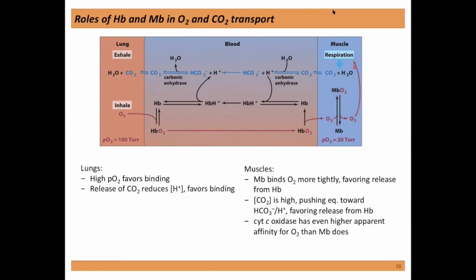And this is in your muscles, so you've got CO2 in there that you're producing. That CO2 then goes out and is converted into carbonic acid. Remember, this makes it more acidic, which makes it even more likely that the hemoglobin is going to release the oxygen. So you're going to release the oxygen in close proximity to the muscles. You just want to make sure that that oxygen has something that has higher affinity for it.